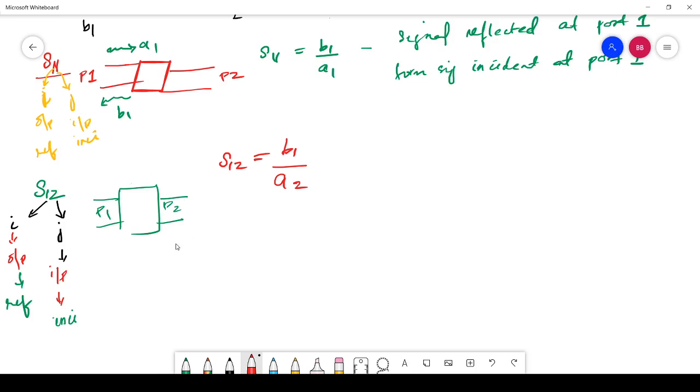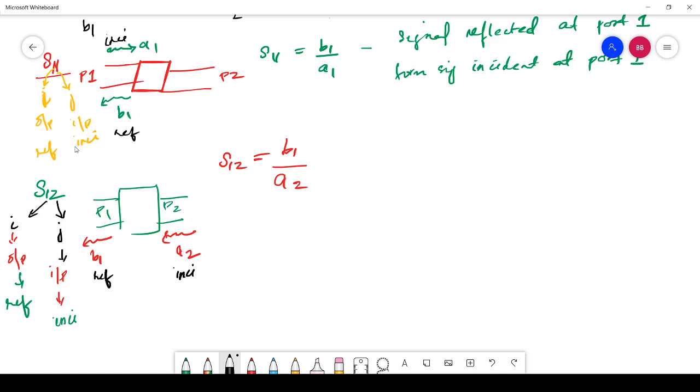So my incident wave is at A2 and my reflected wave is at B1. Whereas here, I had incident wave at port 1 and a reflected wave at port 1.